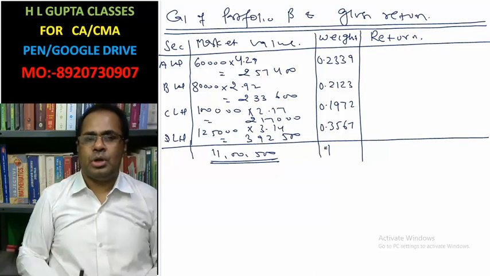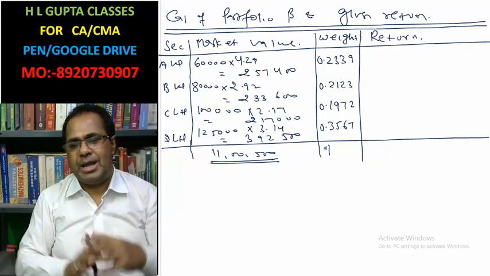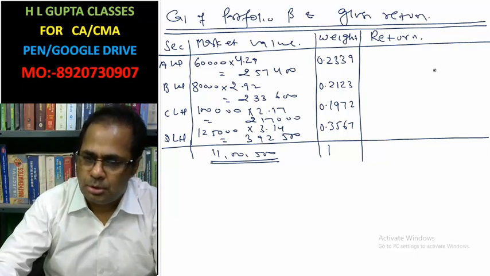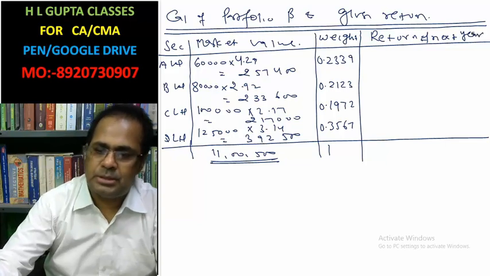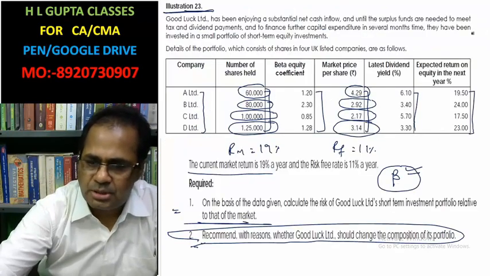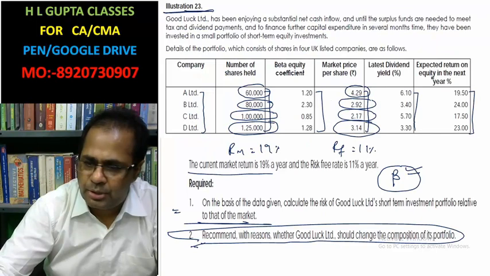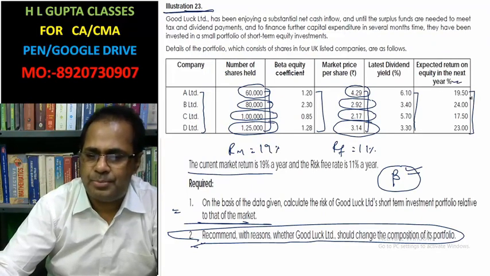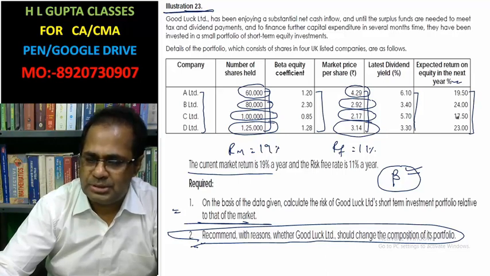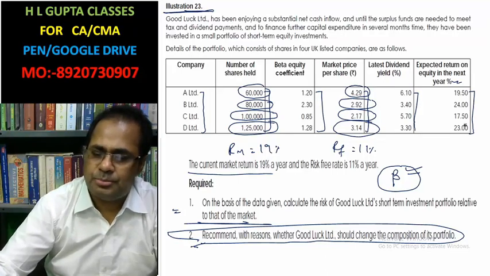After calculating the market value, we take the expected return of the next year, which is the expected return on equity in the next year. This is 19%, 19.5%, 24%, 17.50%, 23%.